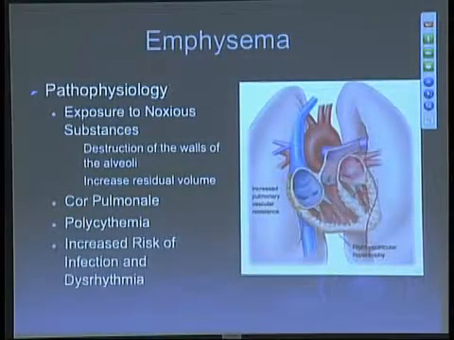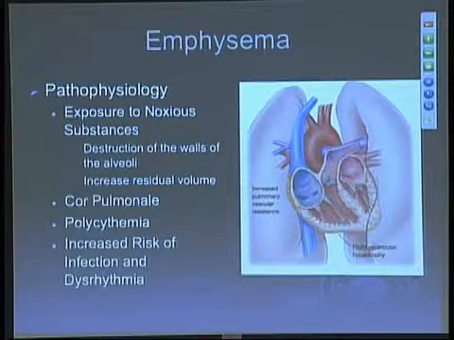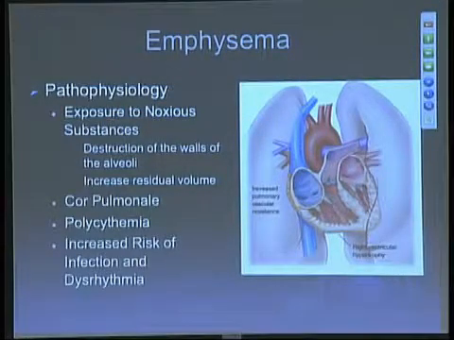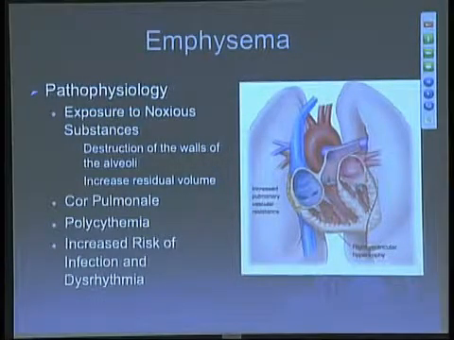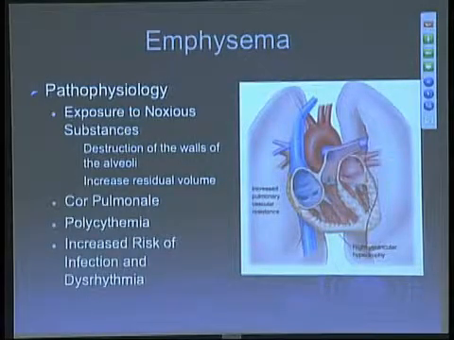The pathophysiology is basically an exposure to a noxious substance, whether it's asbestos, smoke byproducts, and you get destruction of the wall of the alveoli, increased residual volume. This is with emphysema. And then they develop cor pulmonale. You know what cor pulmonale is? The cor pulmonale is right heart failure.